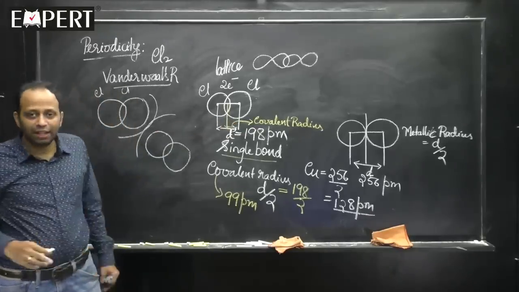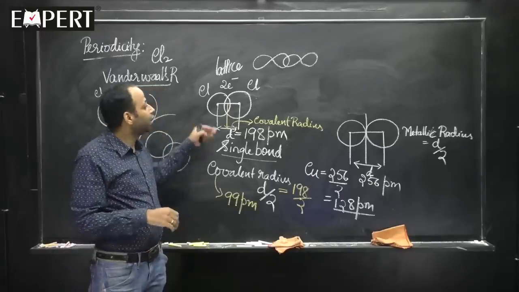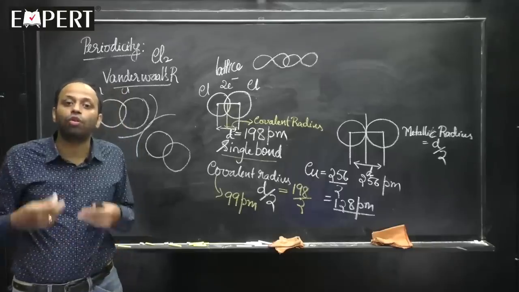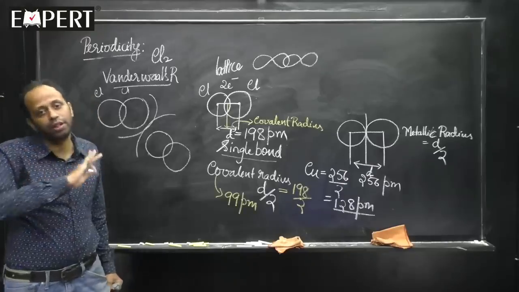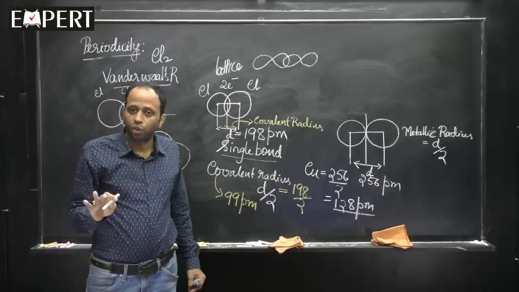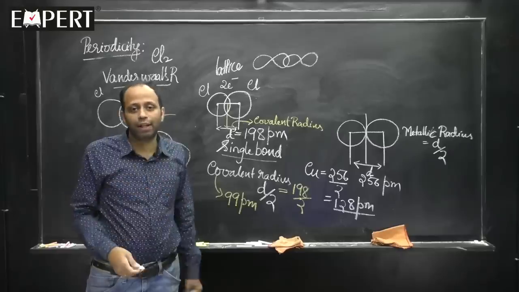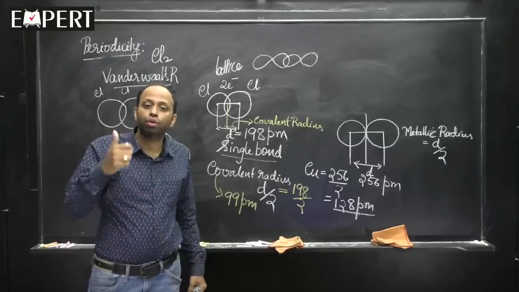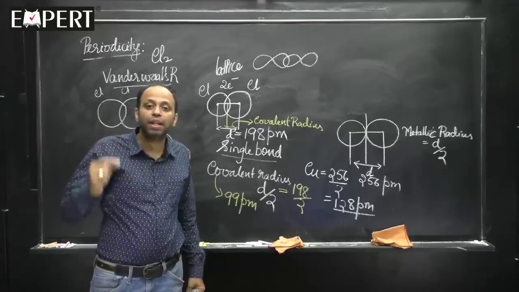In case of metallic radius, the atoms are forming a bond. Which bond? Metallic bond. In case of covalent radius, they are forming a bond. What kind of bond? Covalent bond. Here, can they form a bond? They can't. Okay, they are not able to form a bond, but they come close to one another. How do they come close to one another? That is why I specified at the beginning that it should be in which state?